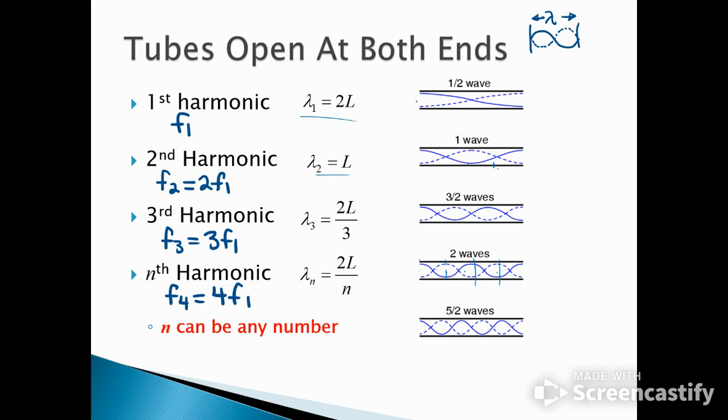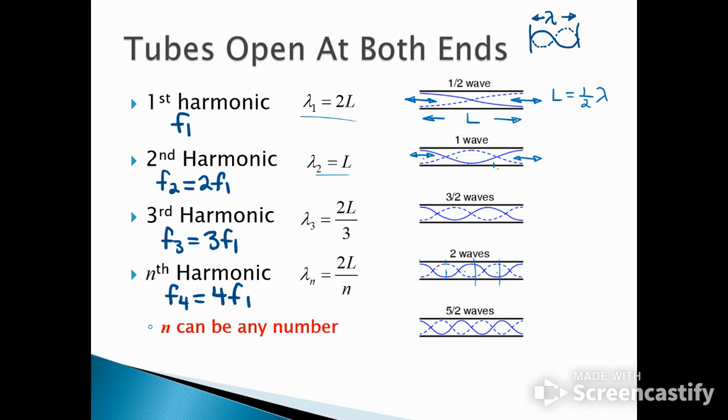Now here are tubes that are open at both ends, which means that you will have antinodes at both ends. And each time they're going up by half wavelengths. If that's the length of the tube, which is open at both ends, the length here only corresponds to half a wavelength. But when we rearrange, when you cross multiply, the lambda is double the length of the tube.